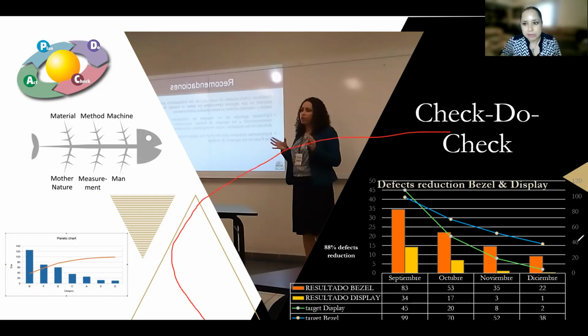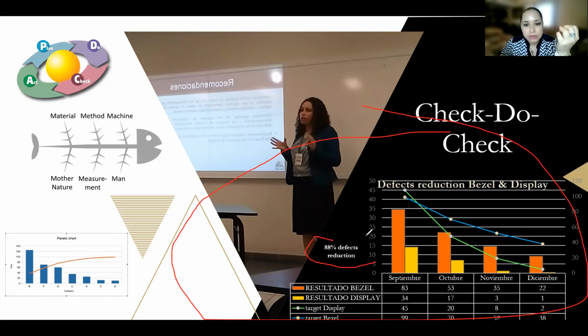This chart that I'm presenting here, I'm telling you, the final results: we reduced the defects by 88%. The whole thing was done in 4 months, but it was actually done in half of that time.